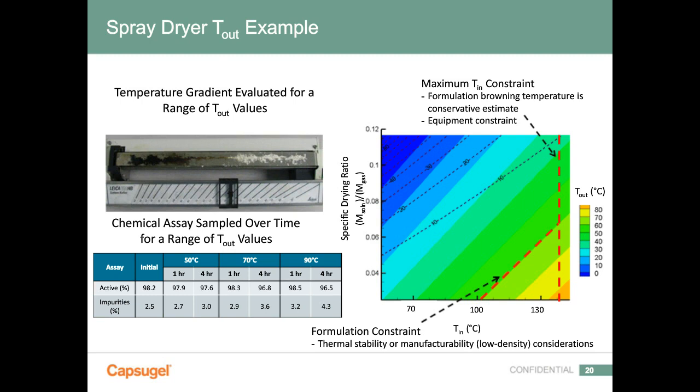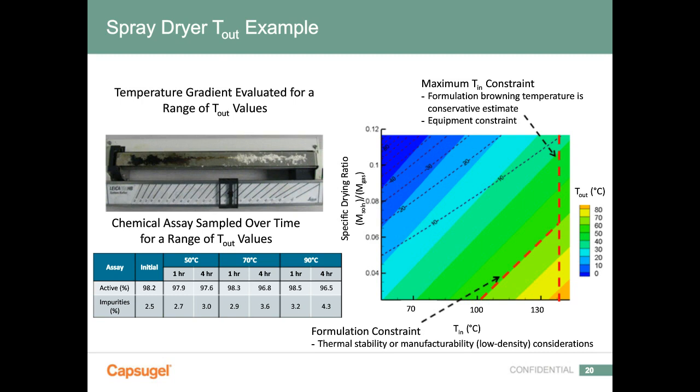And we are really concerned a lot of times with what that outlet is. And so, we're looking at outlets that will range from anywhere from 40 degrees Celsius to 80 degrees Celsius. And can that product actually handle that? Because it will heat up to that outlet for a brief period of time prior to moving on to the collection vessel, which is usually in between room temperature and that outlet condition.